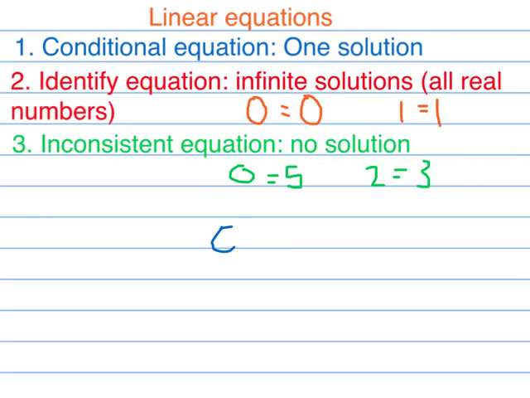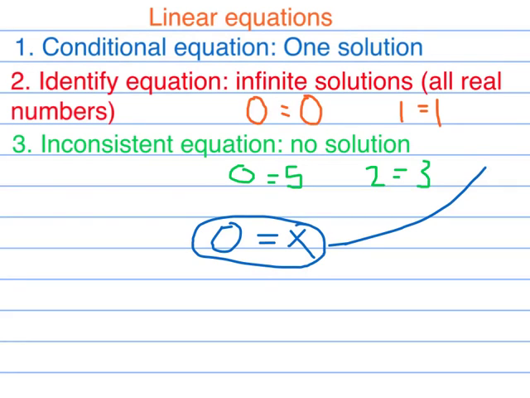If you had 0 equals x, then that means x equals 0, and that is not inconsistent. That is conditional. That means that you do have one solution, and that solution is 0. But if you have all of your variables go away, then that means that you have no solution, as long as one side does not equal the other.